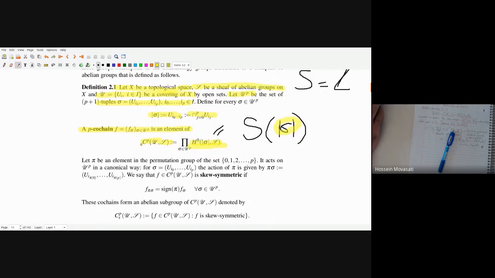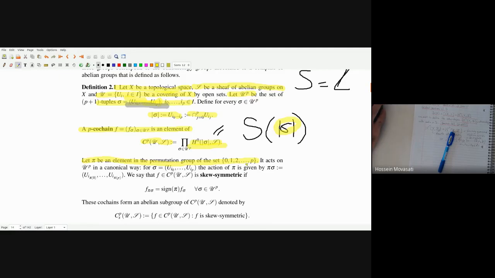Before going ahead and using this kind of huge data to construct something, we want to get rid of this P-tuple. The idea is that at the end I am interested in the intersection of U_{i0} until U_{ip}. So if I want to, let's make a permutation of these indices.